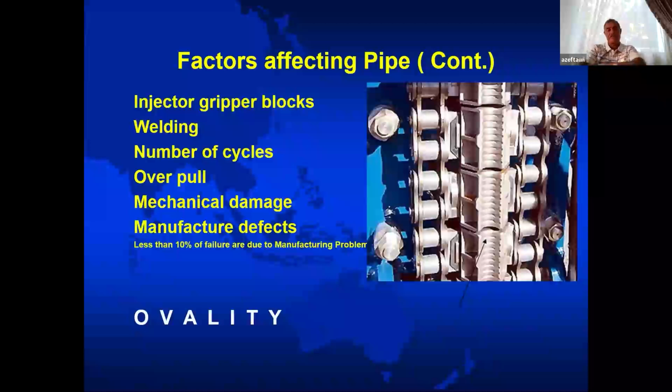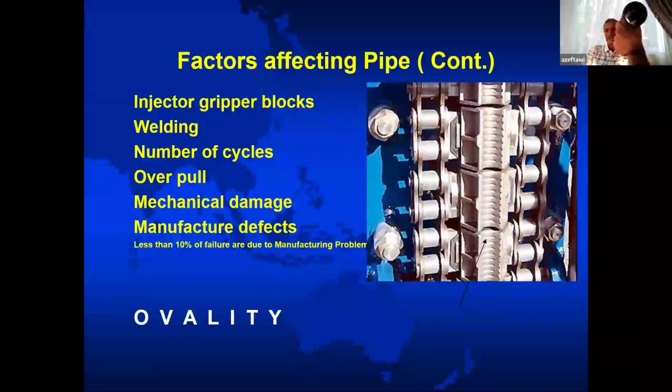And then we have the ovality. The ovality is one of the major things that affect the pipe life. Because when you receive a pipe from the factory, it is round.